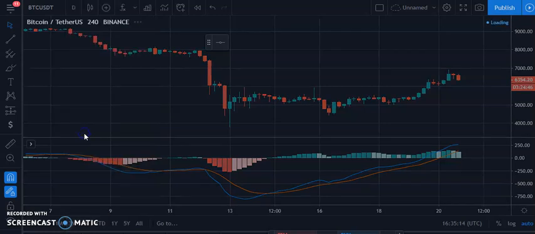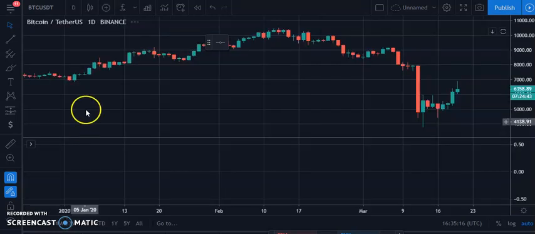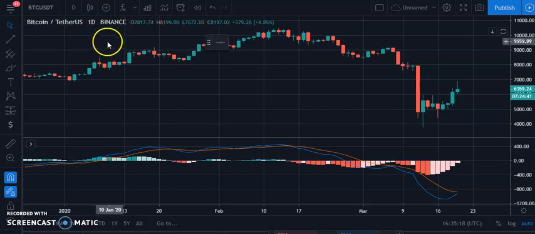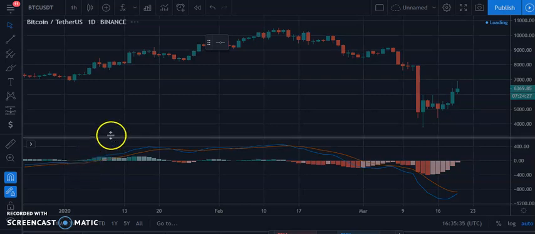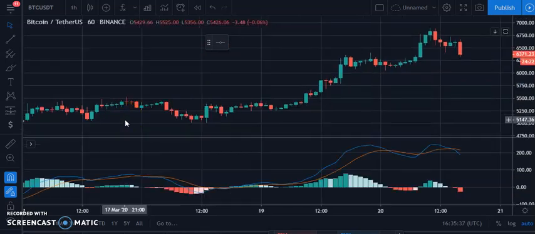If you're using 1 hour, you should go for 4 hours. Let me make it simpler. Let's assume that what we are trading is 1 hour. Currently we are analyzing our chart on 1 hour, but we want to use the MACD line to tell us whether we should be buying or selling.